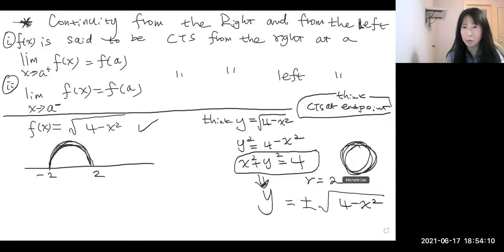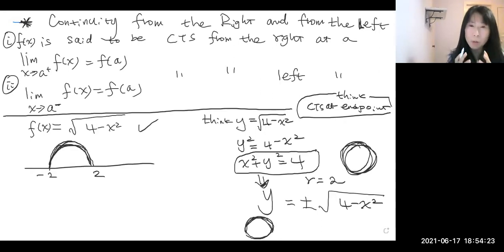But why do we only have the positive side? This is what I'm talking about for the endpoint. This is the example. So if we have the square root of 4 minus x squared, the picture looks like that. Is it clear?